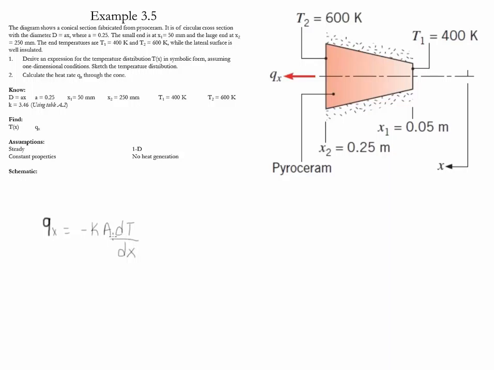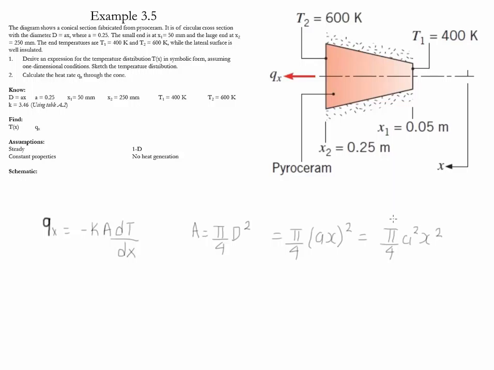In this problem, area is variable, and we're going to define it as, since it's a circle, A is pi over 4 D squared. D is a function of x, so we're going to replace it as D equals a x. Therefore, this term becomes pi over 4 a squared x squared.